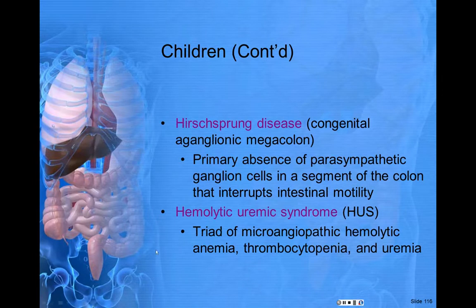Hirschsprung's disease, absence of parasympathetic ganglion cells in the segment of the colon that interrupts the motility of the intestine and causes a megacolon. And then hemolytic uremic syndrome is a triad of microangiopathic hemolytic anemia, thrombocytopenia, and uremia.